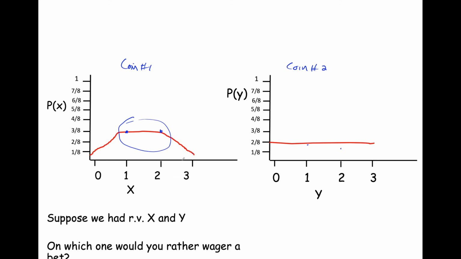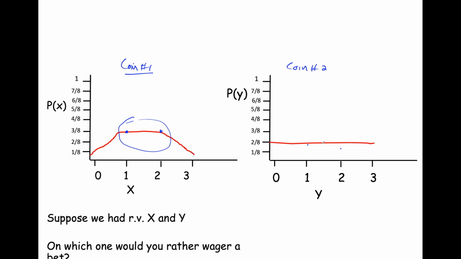And so the idea then is that the shape of these probability distributions give you information about how the underlying coin flip 3 times or flip of 3 coins behaves. For the X random variable system, coin system number 1, more of the time you'll see 1 head from 3 flips of the coin or 2 heads, but much less you'll see 0 or 3.